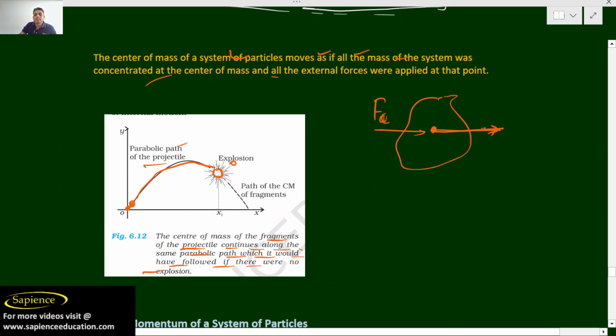The exploded parts will follow different paths, but the center of mass of both will follow the same path only. Earlier it was moving and expected to move in this direction, so the center of mass will move in this direction.